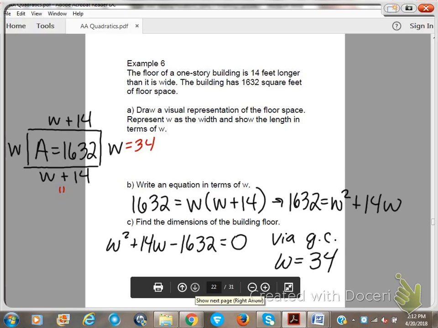Okay. Alright, so the dimensions are 34, what's our label on this? Feet. Thank you. By 48 feet. There we go. All right, that seems like enough for today.